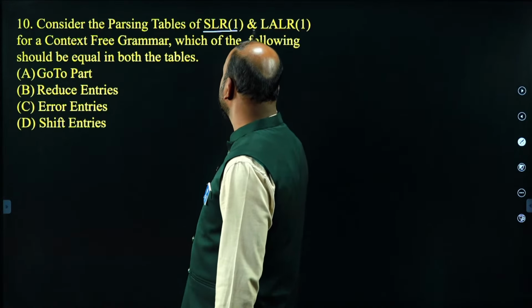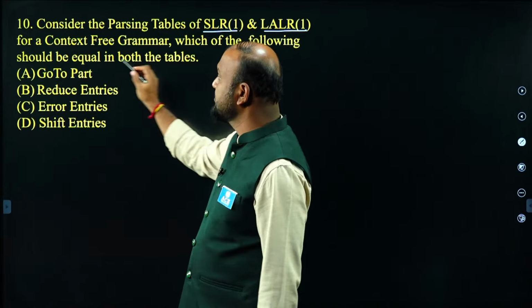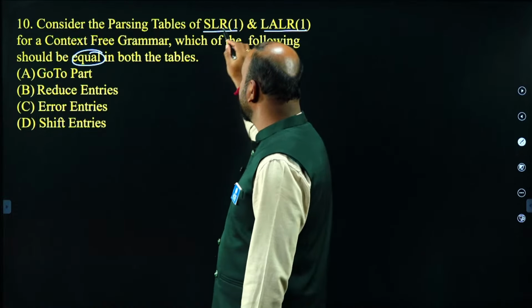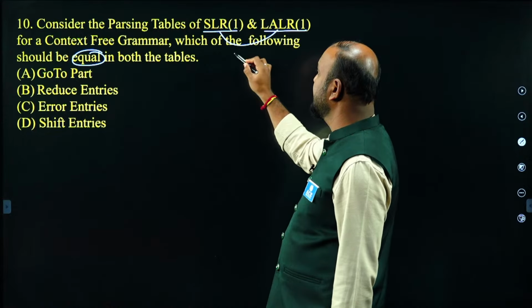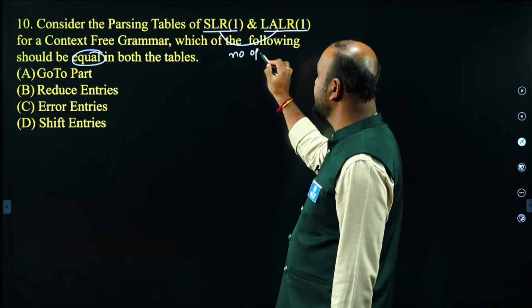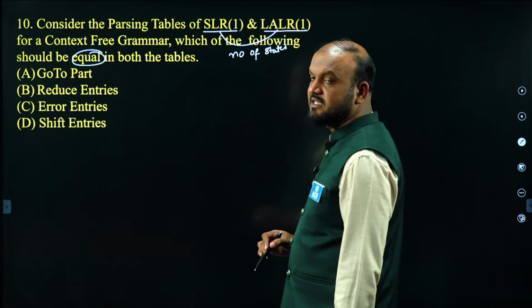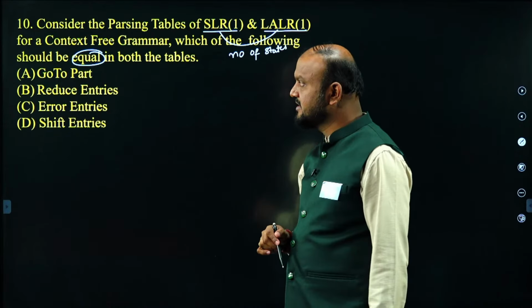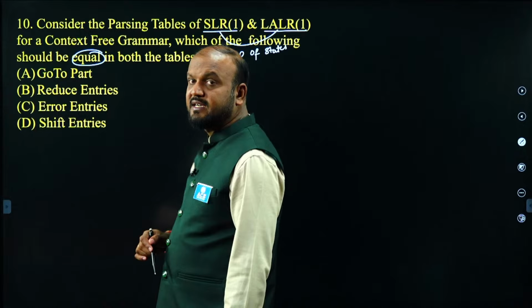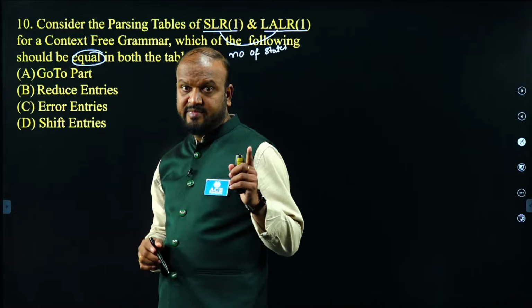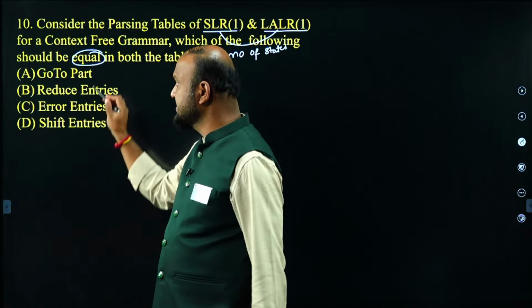It is about SLR of 1 and LALR of 1. What should be equal? We know that in SLR of 1 and LALR of 1, the number of states are equal, but that is not mentioned here. Go to part: because the states are the same, the go to part will definitely be the same.